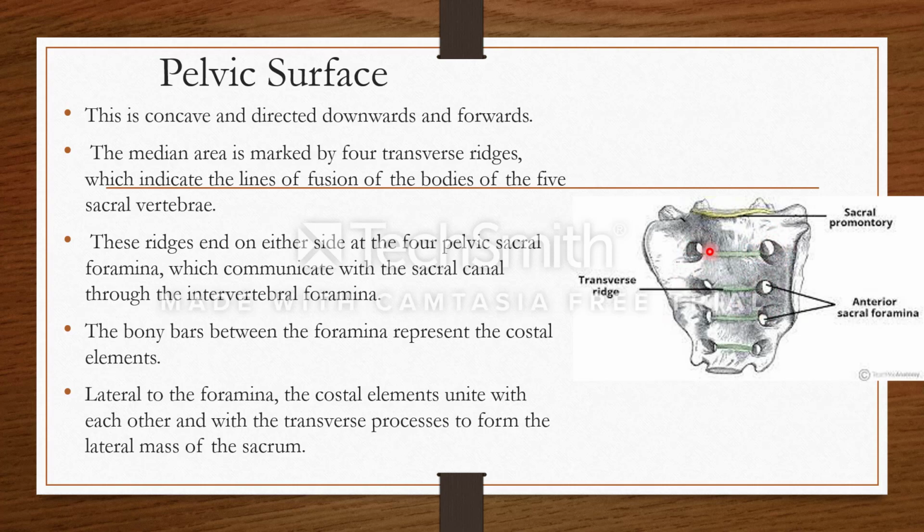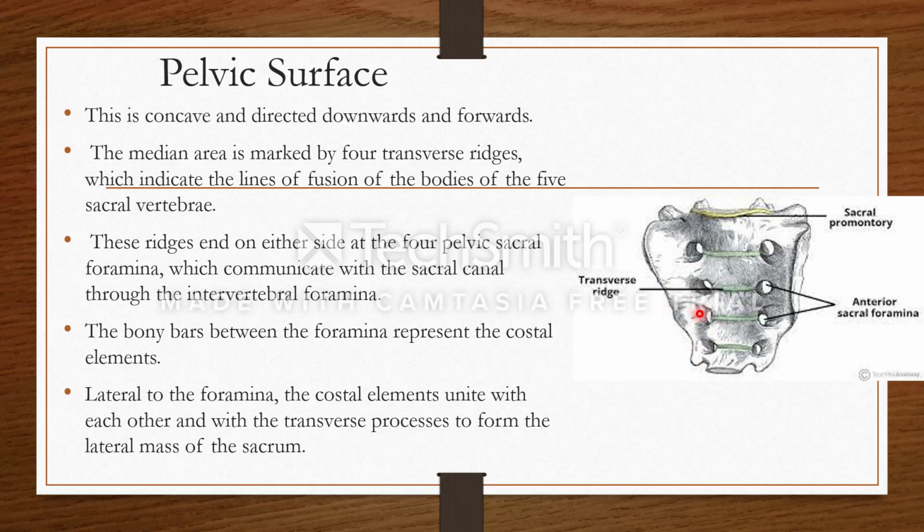These are the 4 pelvic sacral foramina on the right side and these are the 4 on the left side. These foramina communicate with the sacral canal through intervertebral foramina. The body parts between the foramina represent the costal elements.